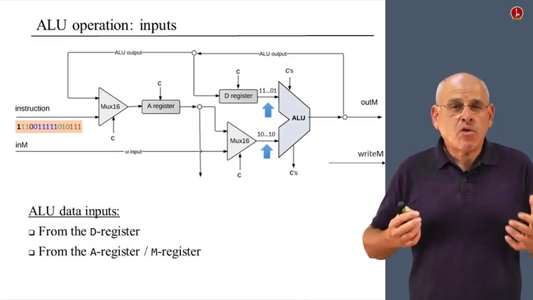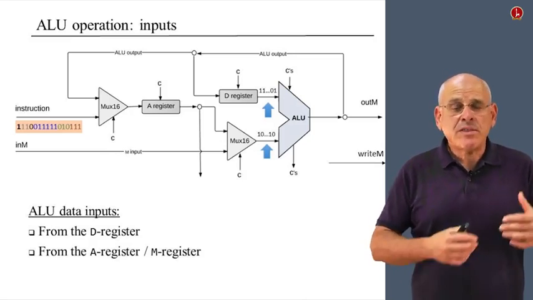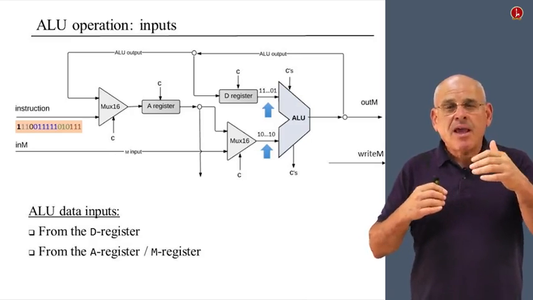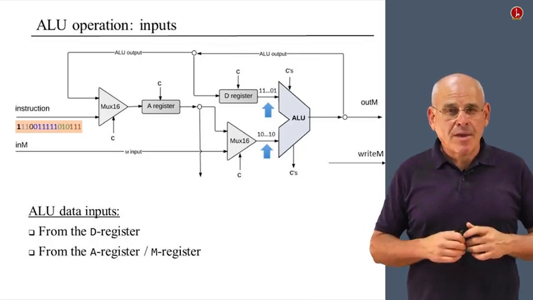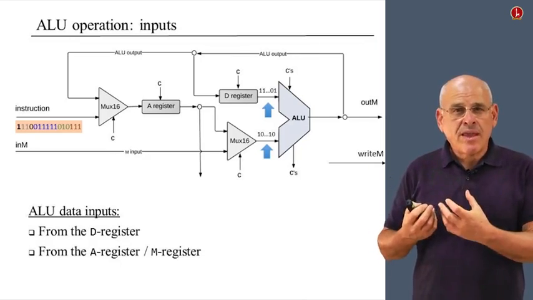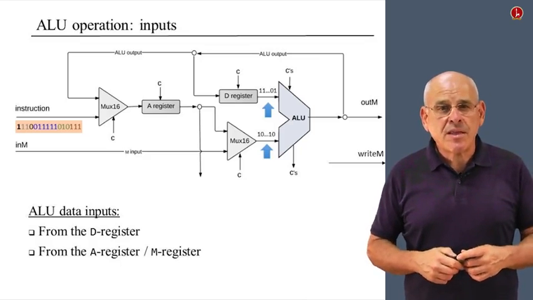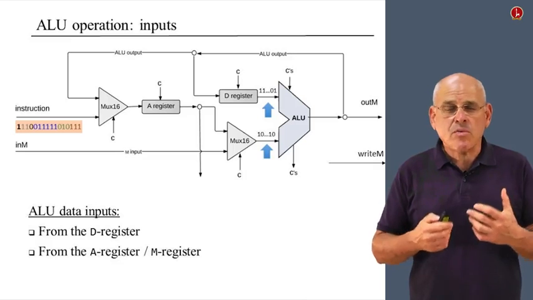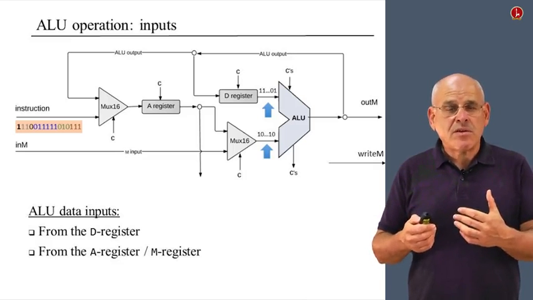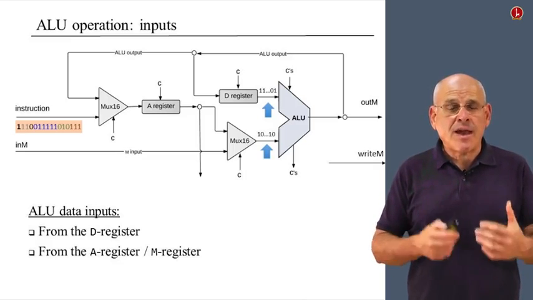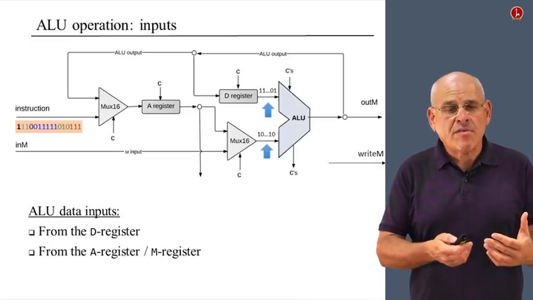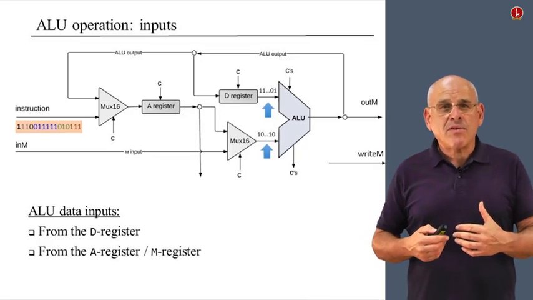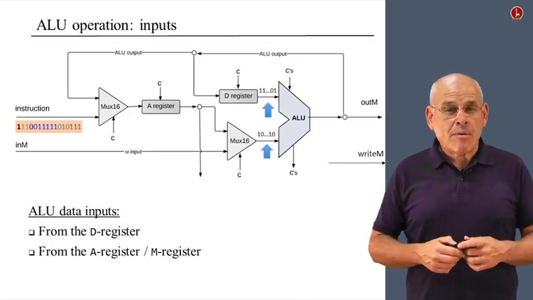It always computes something. There are always some inputs coming in, and there's always some output coming out. And when you look at the diagram, you see that the inputs of the ALU come from 2 different sources. One of them is the D register, the current value of the D register, and the other one is either the value of the A register or the value of the selected memory register.